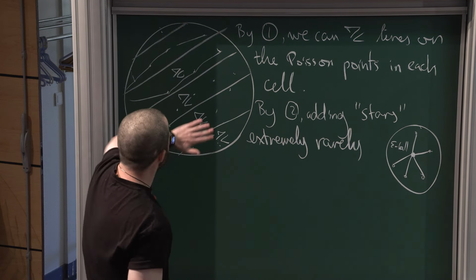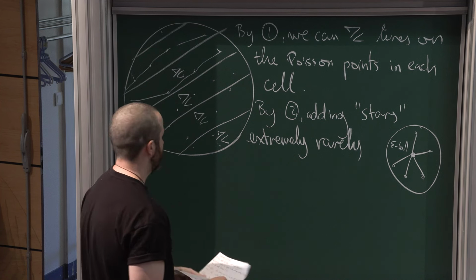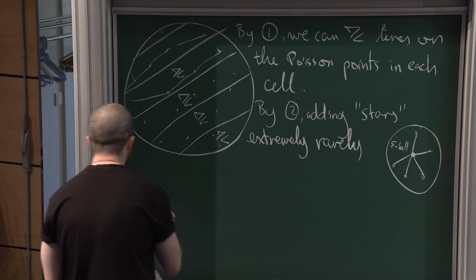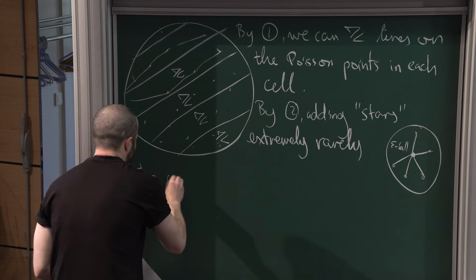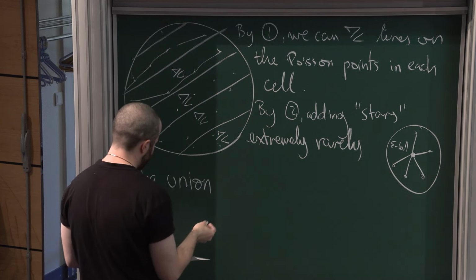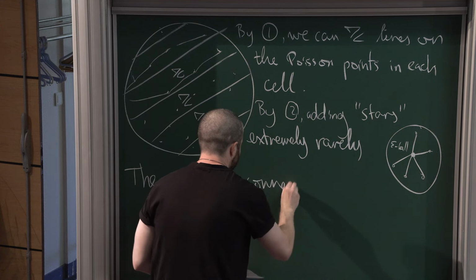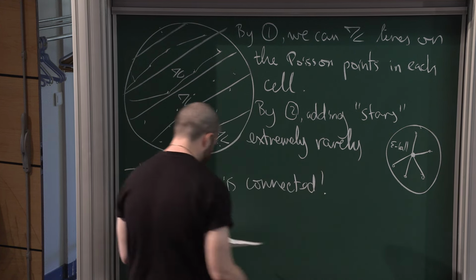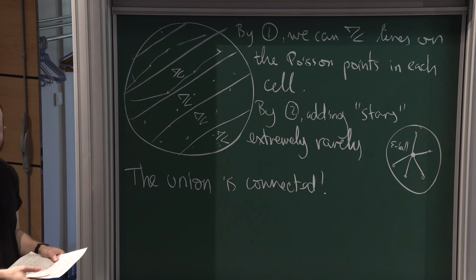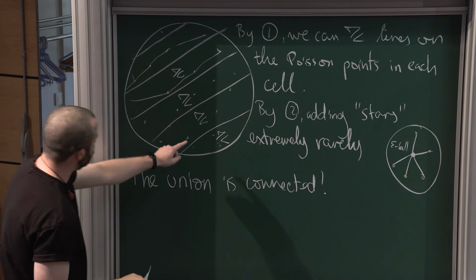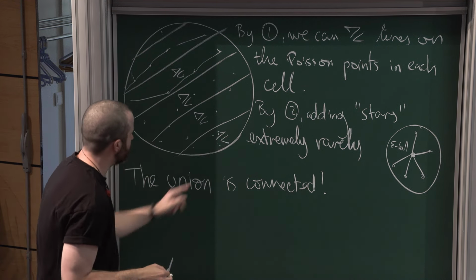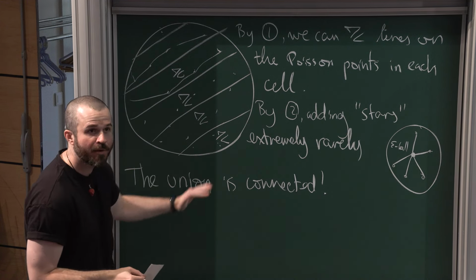So if I plug in these stars everywhere, well, the union is connected. The union makes us strong. The union is connected. Right? I'm free to move using these Z lines, these kind of train tracks, inside each cell arbitrarily.